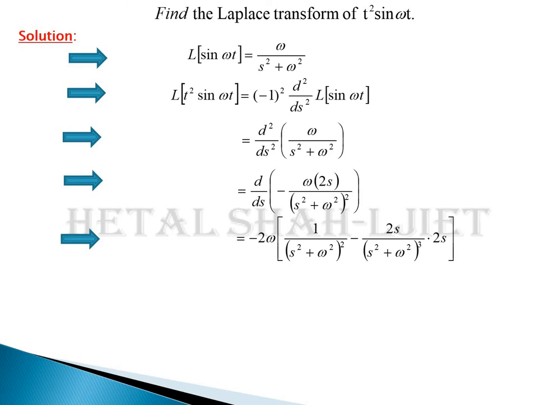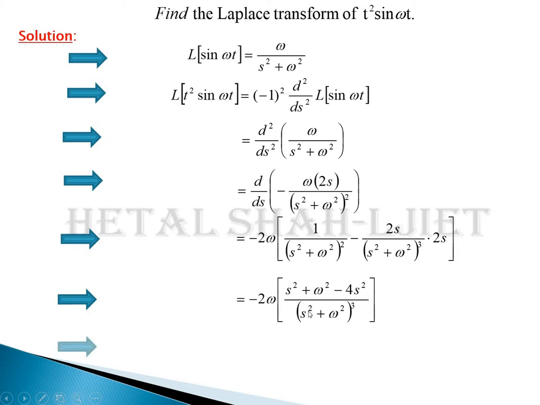For the second derivative, here minus 2 omega is a constant term, and you have to apply the u by v rule, and by applying this and simplifying you get the final answer of the given problem.